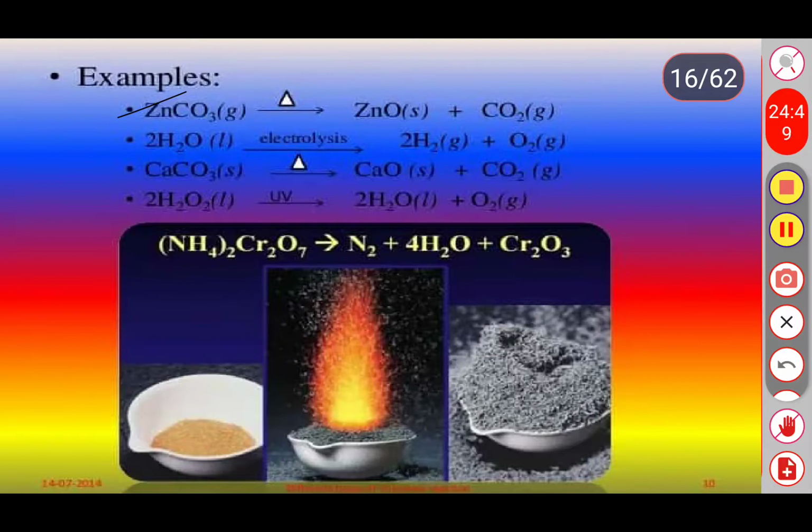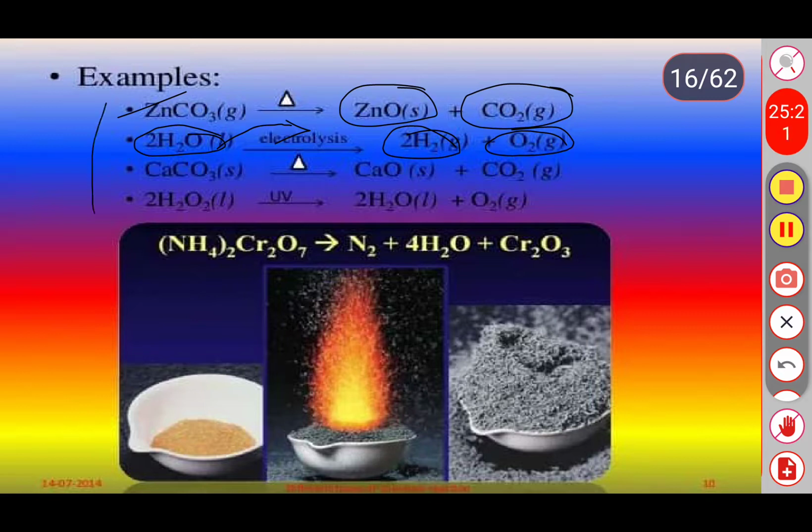So this is the first example. Second one, water, H2O. When water is supplied with electricity in the process of electrolysis, it will be decomposed into hydrogen and oxygen, right? Just observe these examples. In all these examples we have only one single compound.